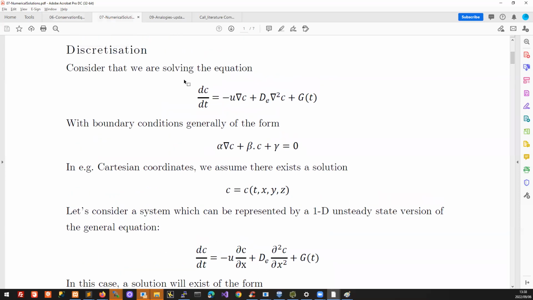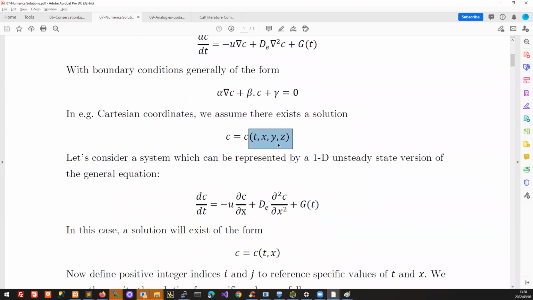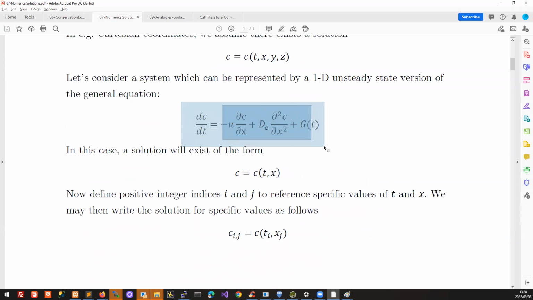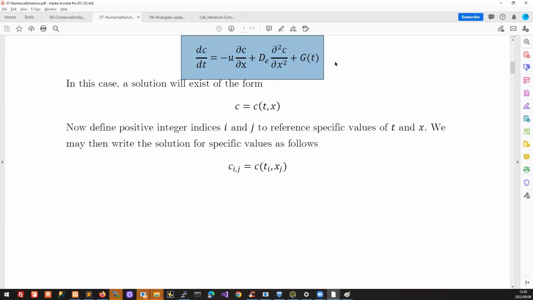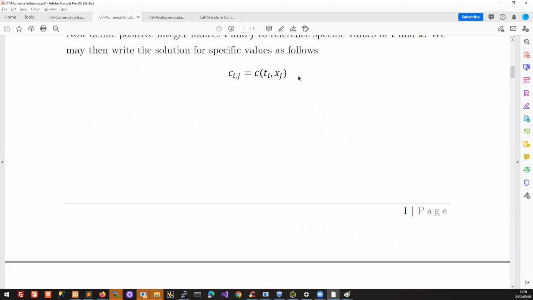So if you have an equation of this form, then typically we decide on a set of coordinates, and then we decide which coordinates matter. So if, for example, here only x matters, then our equation simplifies down to this form. And then the way we solve this equation is by converting all these derivatives into numerical estimates of those derivatives.